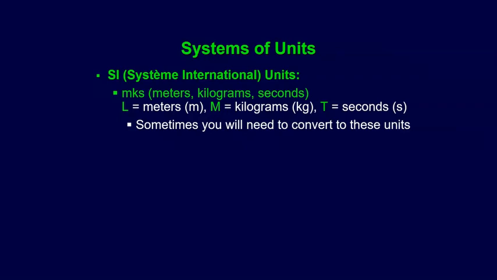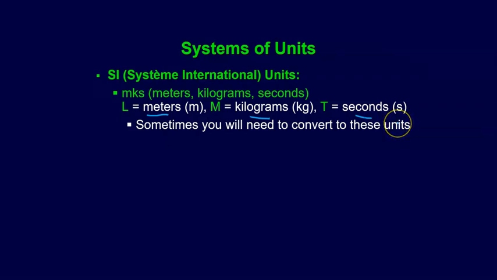For us, we're going to use what's called the SI system, which is an abbreviation for System International. This is the set of units that we're going to use. Our favorite units will be the meter for length, kilogram for mass, and seconds for time.